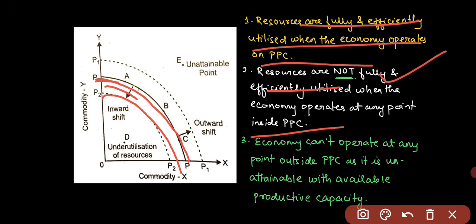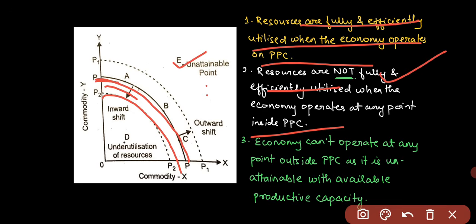Unattainable production. So, you see, an outward shift or any point outside the production possibility curve, right, is unattainable. We cannot operate at any point outside the production possibility curve.